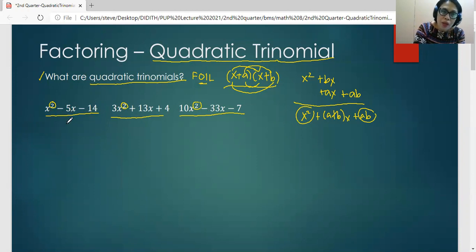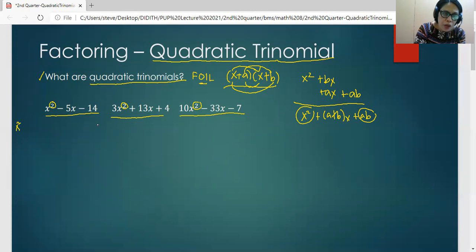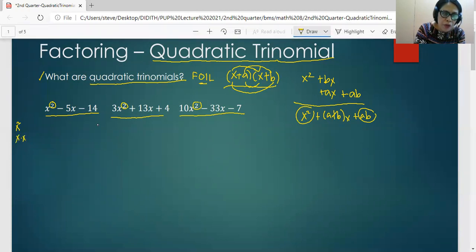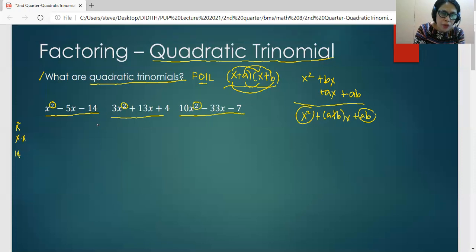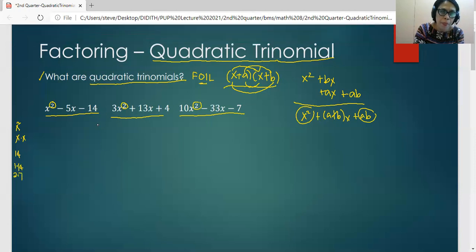We're going to identify the factors of the first term and the factors of the last term, which is usually a constant term. For x squared, we know that the only factors are x and x. While for 14, it can be 1 and 14, 2 and 7.